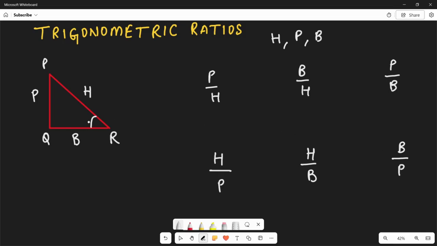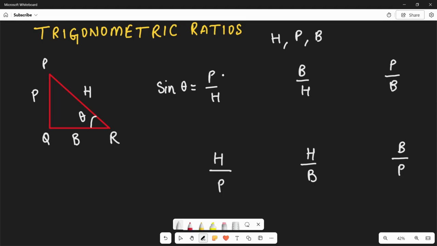Okay, now let me just take this angle R as named as theta. So I called angle R as theta. Now to represent these ratios, we have a few names or a nomenclature that we represent perpendicular by hypotenuse as sine of the angle which we have considered, that is in case sine of theta.